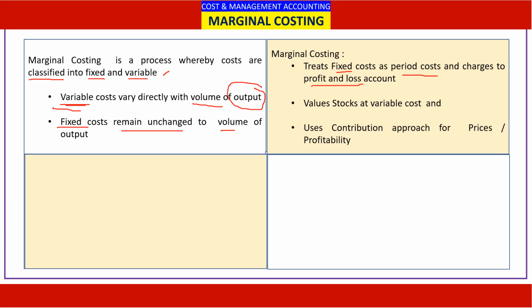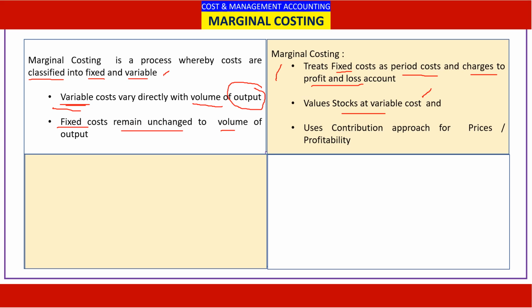It should be just charged off as a normal expense independent of production. It accrues based on time, and therefore it should be charged based on time. And second, it says value the stocks at variable cost only. Don't load them with your other fixed charges.